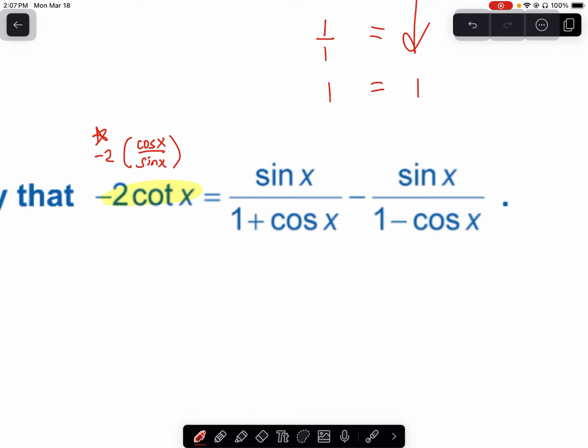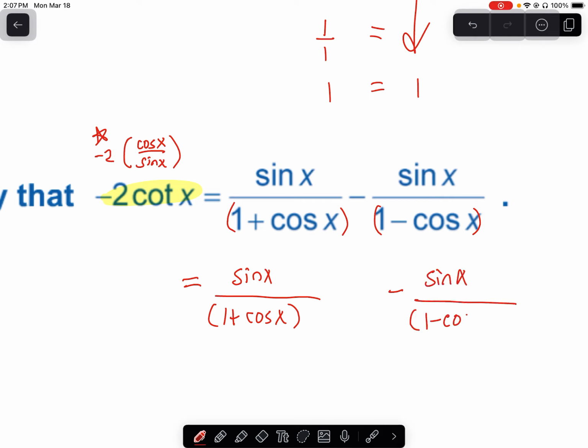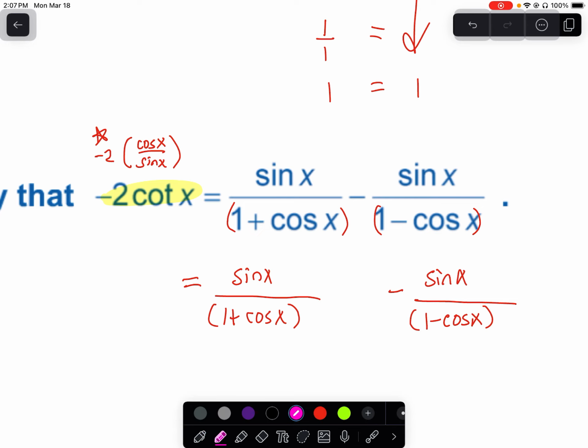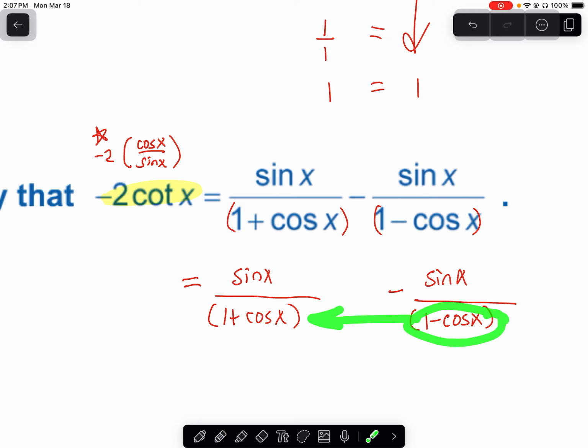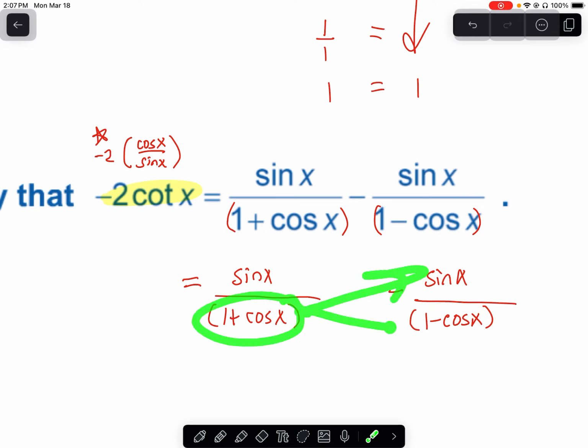Okay, so I'm going to rewrite this. I'm going to put parentheses around the originals and give myself some room between each one. And let's think about what we need to do. We need to multiply this denominator over here and this denominator over there.